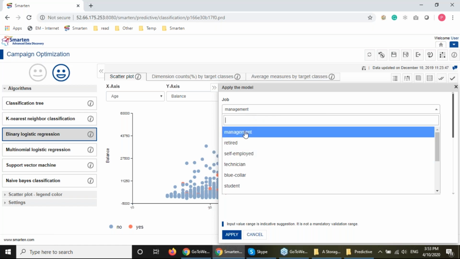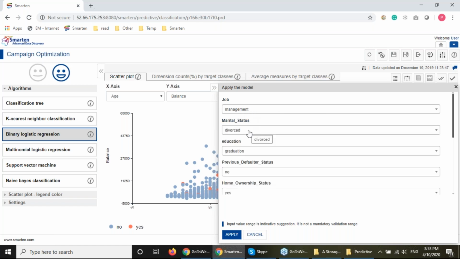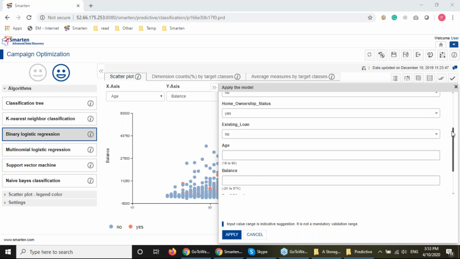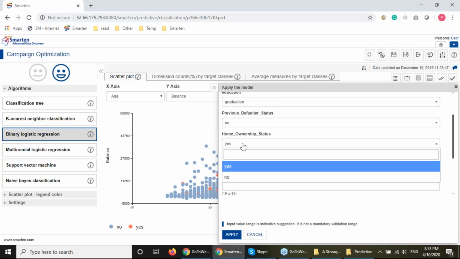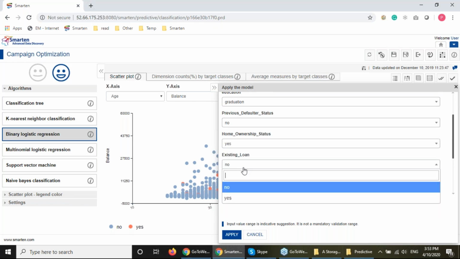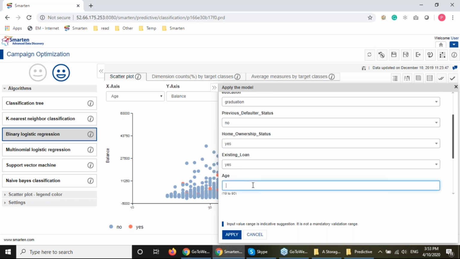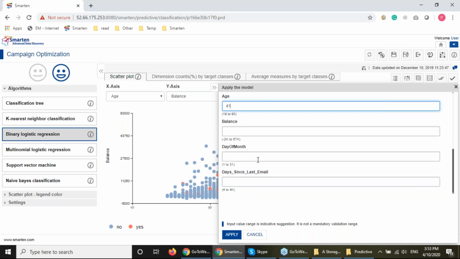For example, customer is having profile as management, married, in graduation. So whatever data we may have, US defaulter no, home ownership status yes, the existing loan yes, age is 41. When you are running this campaign, say 5th of the month, and what is the duration between two campaigns?